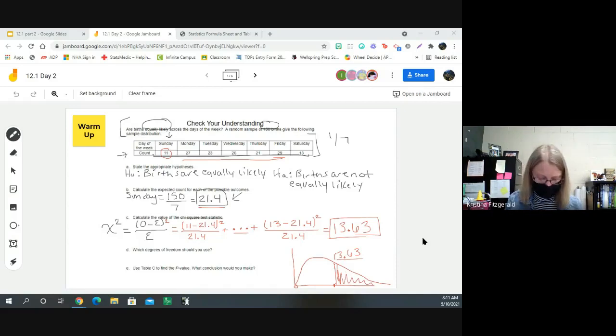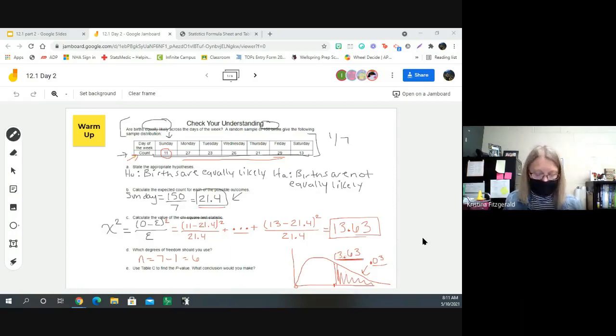Chris, did you get a p-value on your calculator? Great. Ooh, 0.03. Okay, so this is telling us we have a 3% chance of obtaining a chi-squared value of this with these numbers.